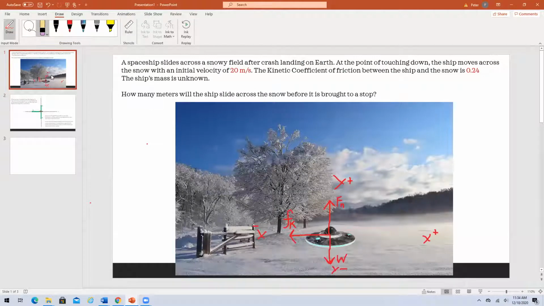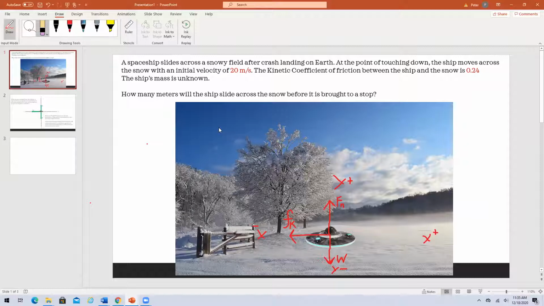All right, so we're not given a time variable. We don't know how much time it takes for this to go from hitting the ground to stopping. But we're asked to find distance. We're asked to find basically delta x. So if you look at your kinematic equations, you'll see an equation that relates the change in velocity to acceleration and change in distance.